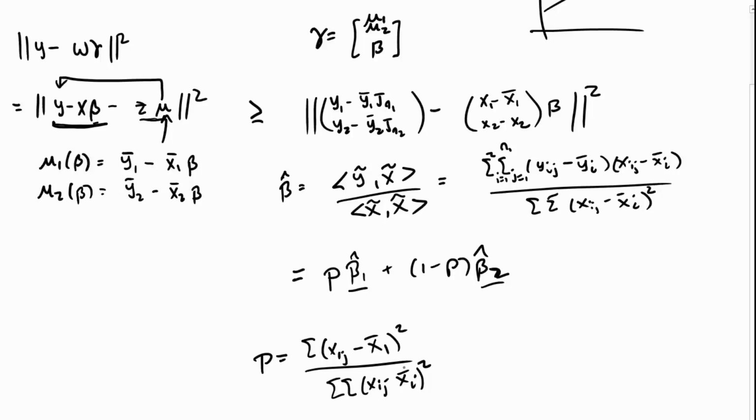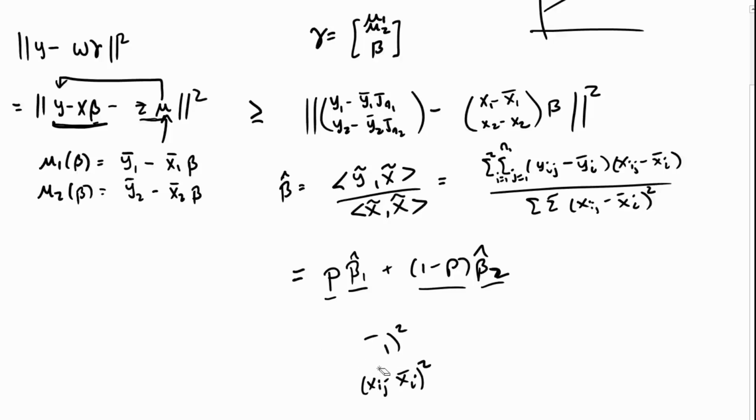So p works out to be the percentage of the total variation in the x's from group 1. So if most of your variation in your x's is in group 1, then the group 1 slope contributes more to the overall ANCOVA slope, and if group 2 is more variable, then group 2 contributes more, and if they're equally variable, then both of them contribute equally.